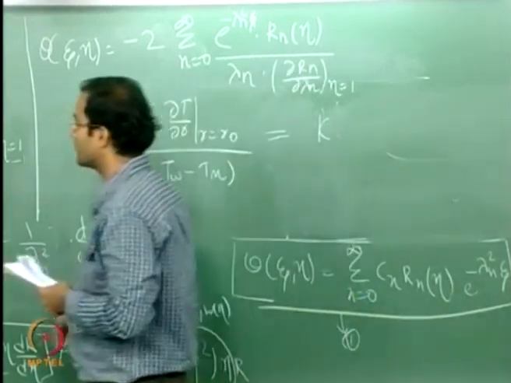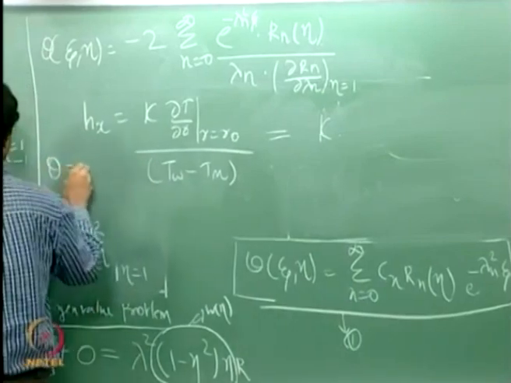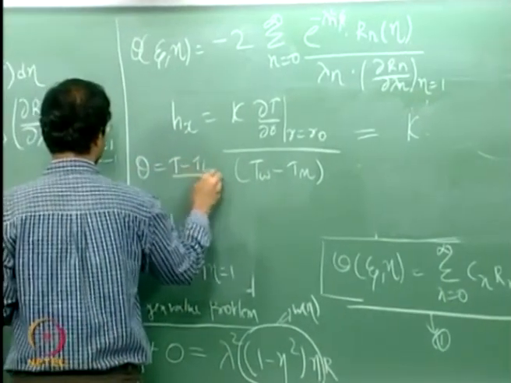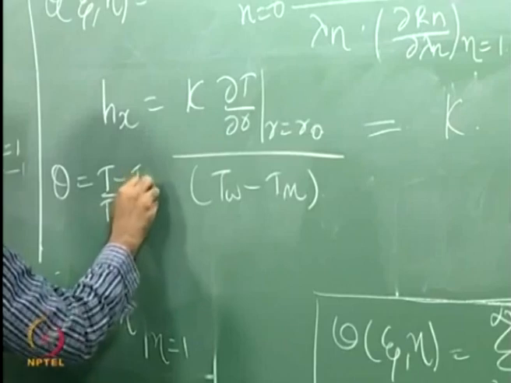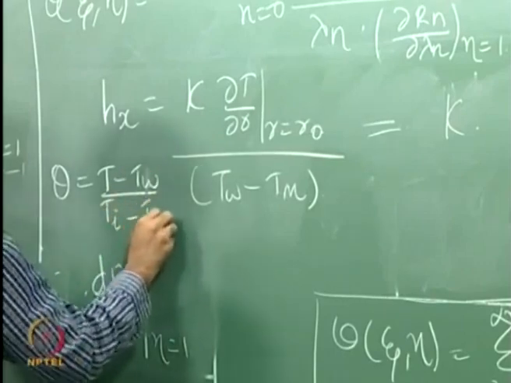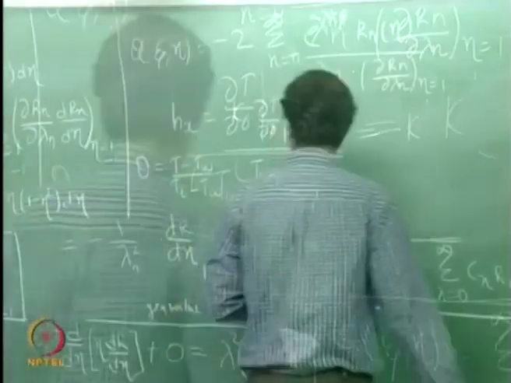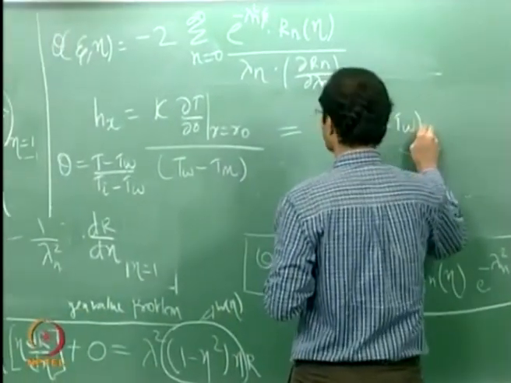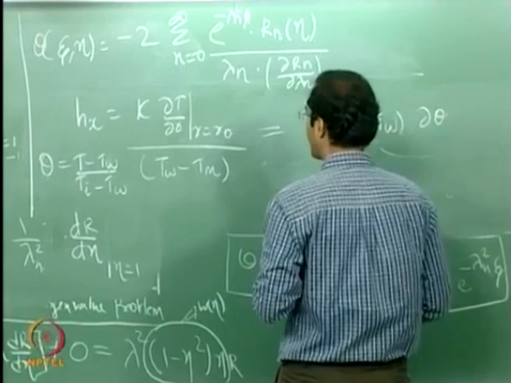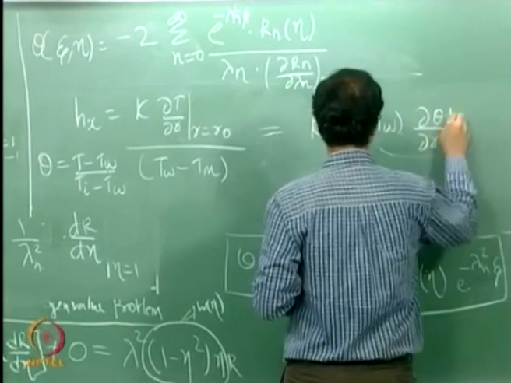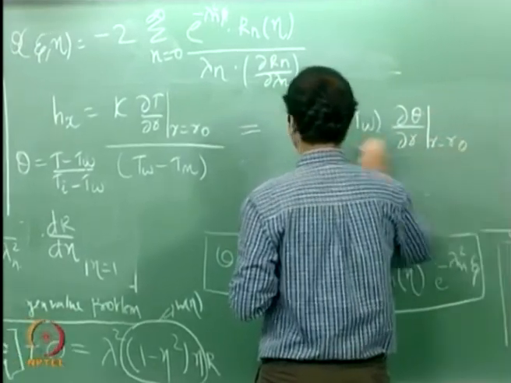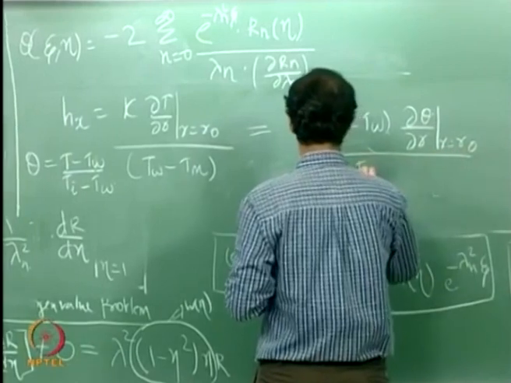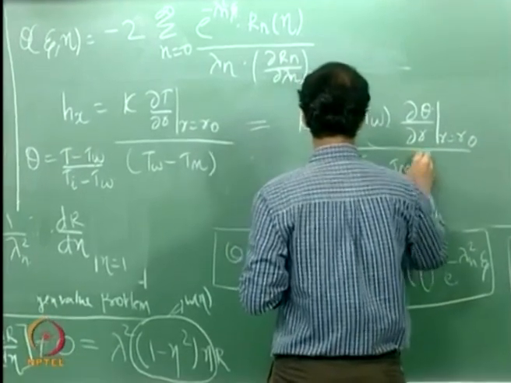If you substitute for T in terms of theta, you remember that theta is T minus T wall by Ti minus T wall. So this will be Ti minus T wall into d theta by dr at r equal to r naught divided by T wall minus Tm.